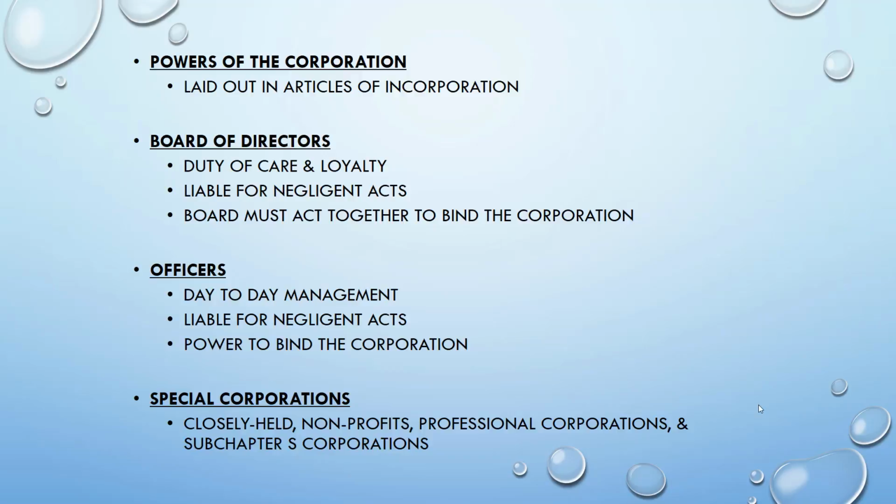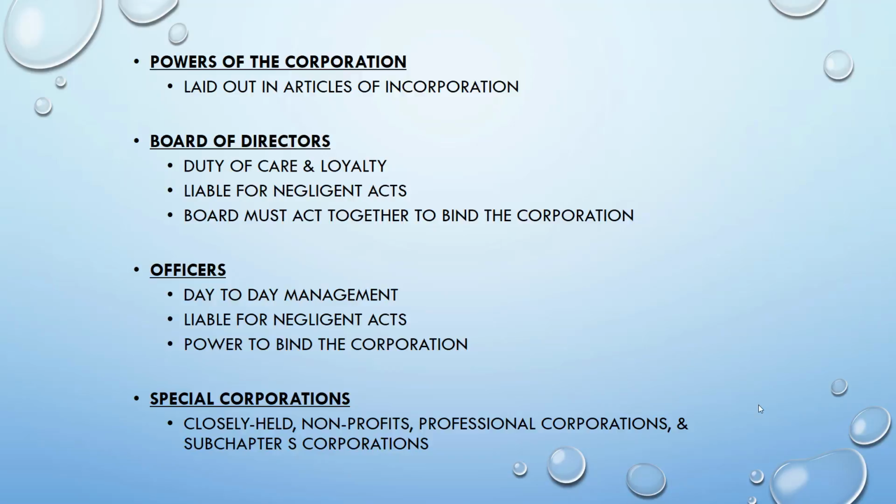They can't engage in self-dealing that is profitable to them but would harm the corporation. The board can be liable if it acts negligently, and the board has to act together as a unit to bind the corporation. So you can't have one member of the board go rogue and bind the corporation to some contract. The board has to act together as a whole.